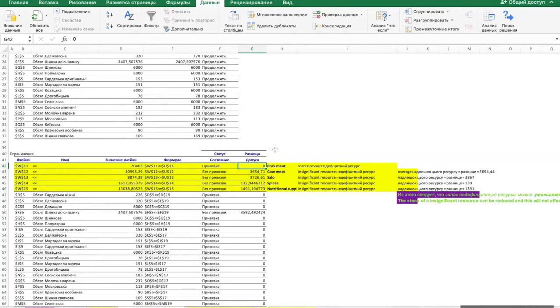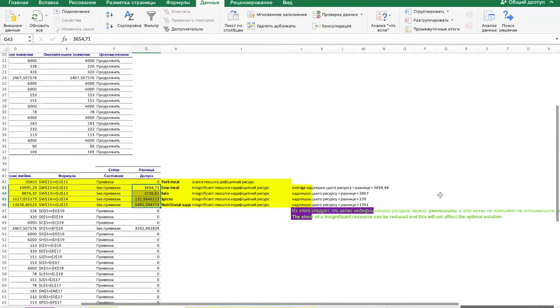So it is a very significant and scarce resource for us, yes? But for other resources, we can say that they are insignificant because we have some surplus quantity of these resources, for example, in our storage space.